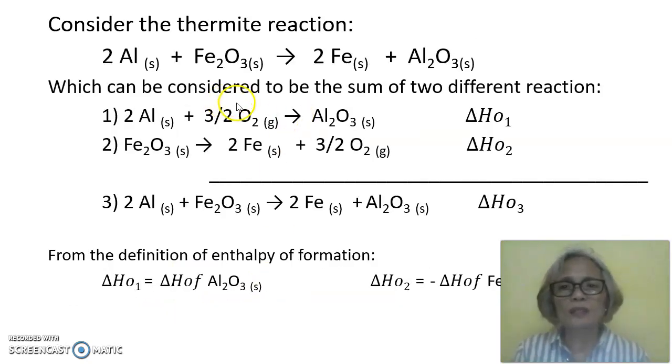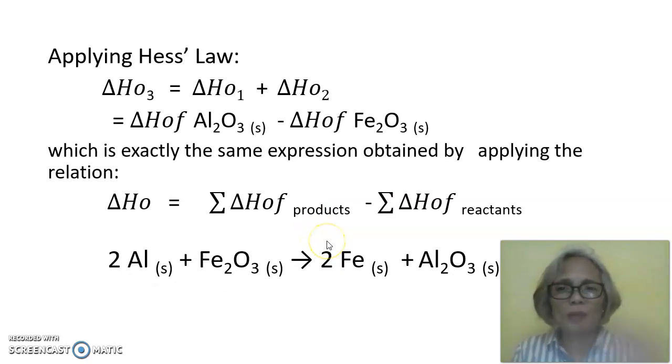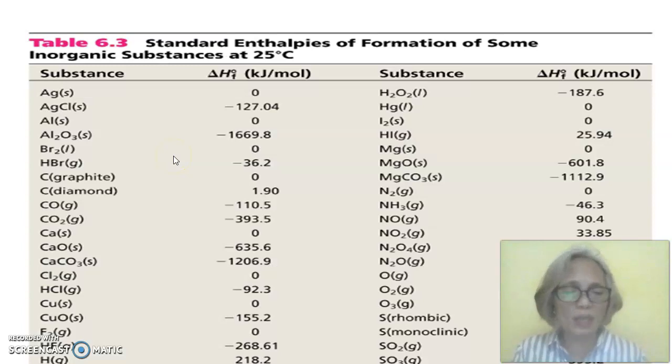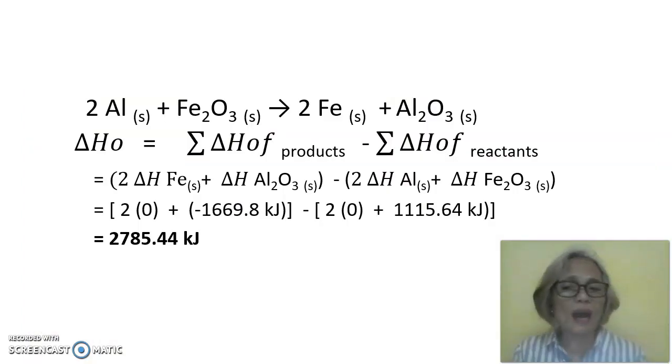This one is the thermite reaction. You just do the same thing, applying Hess's law. This happened in a series of steps, so delta H1 and delta H2 will be the same as if the reaction happened in one step. Again, products minus reactants. The products are 2 iron and 1 aluminum oxide.